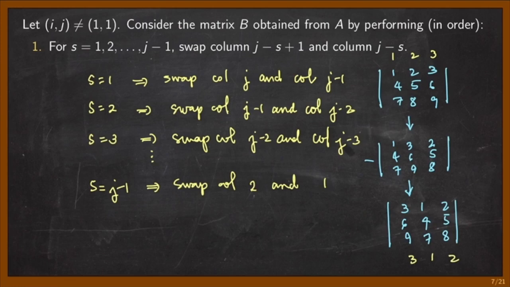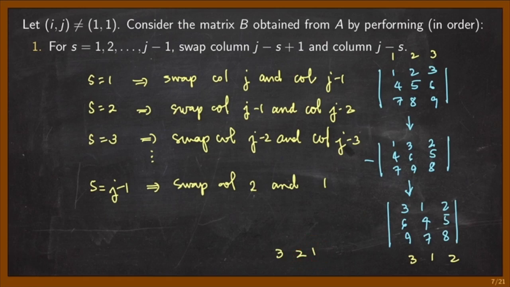You might ask me, sir, why can't we just swap columns 1 and 3 to put the third column in the first position? You can do that, but by doing that, notice that the new arrangement of the columns will be in the form 3, 2, 1. When you swap 3 and 1 right away, you see that it disarranges the relative position of the second and the first column, and we don't want that to happen.